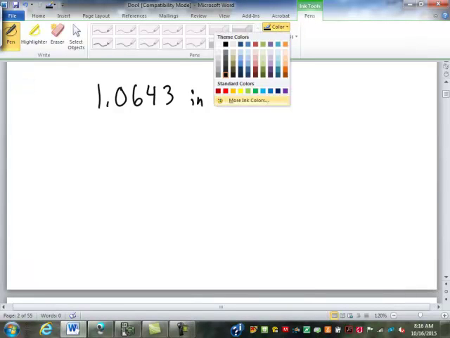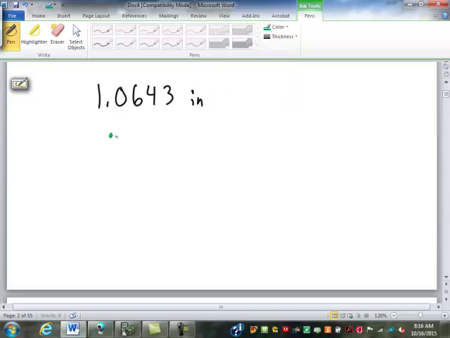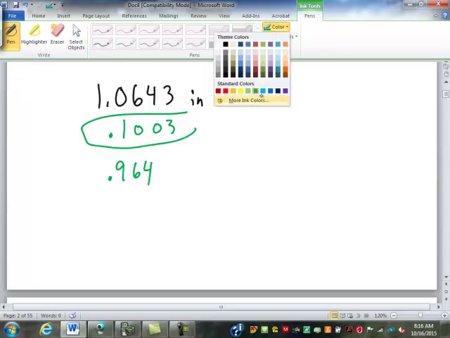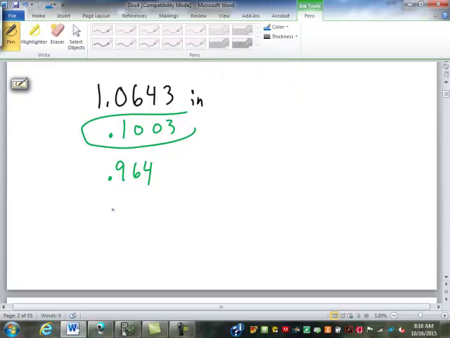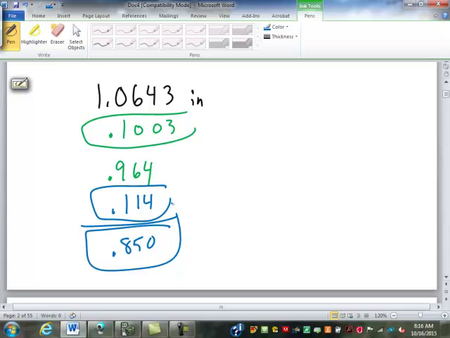What block do we start with? 0.1003, which leaves us with 0.964. Then which one are we going to use? 0.114. Leaving us with 0.850, and then just the 0.850.